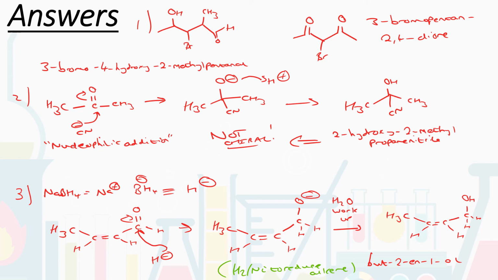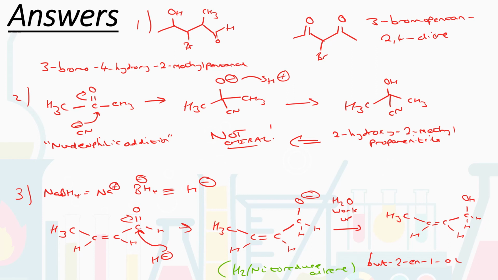So this would be something that we call a dione, a diketone. We have to number where our ketones are. So the ketones are on the second and the fourth carbon. It doesn't matter which direction we number from, it's always the second and fourth carbon. And then we have a bromo group in the middle there on the third carbon. And so this would be called 3-bromopentane-2,4-dione.